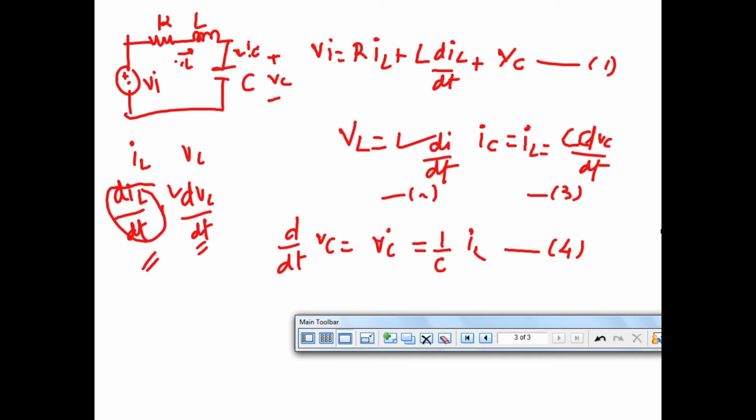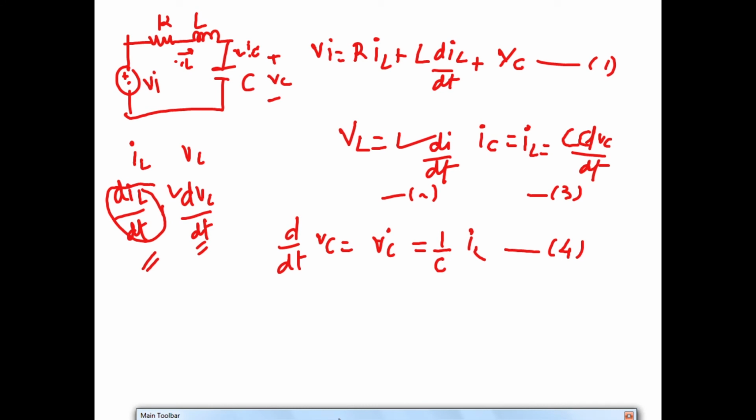Now I will take equation number 1 again, and I am making dIL by dt the subject.